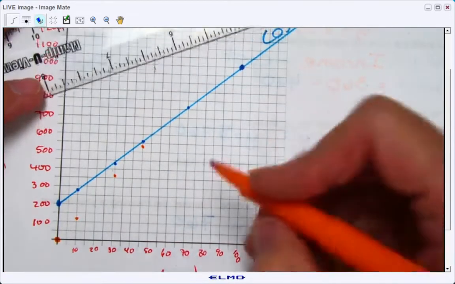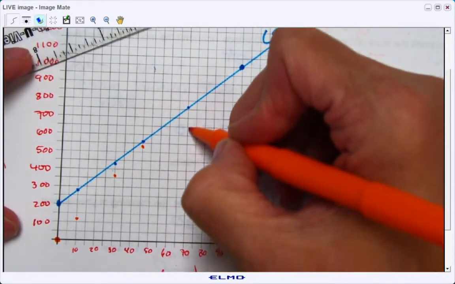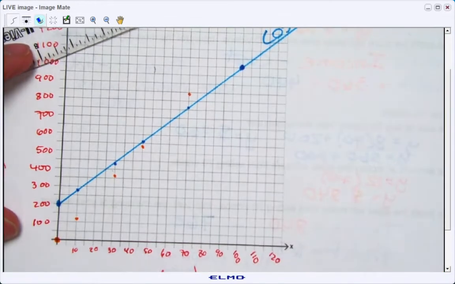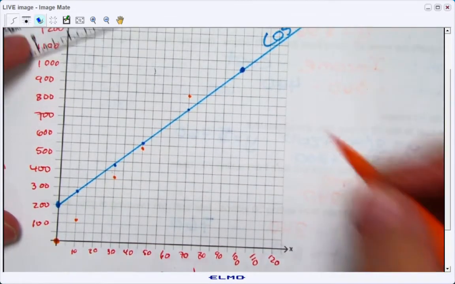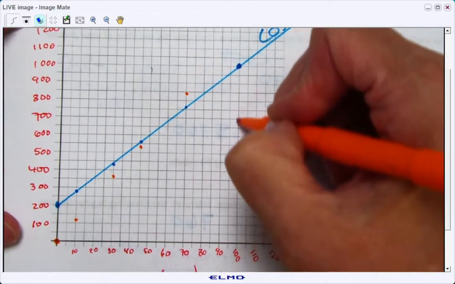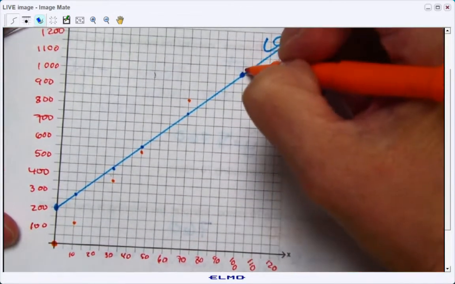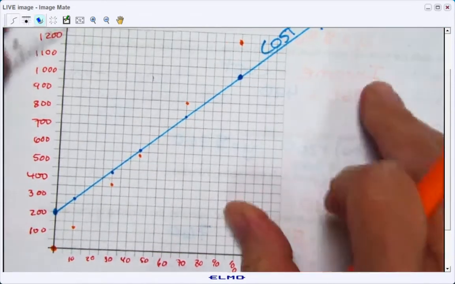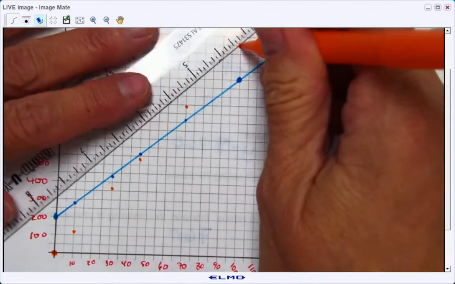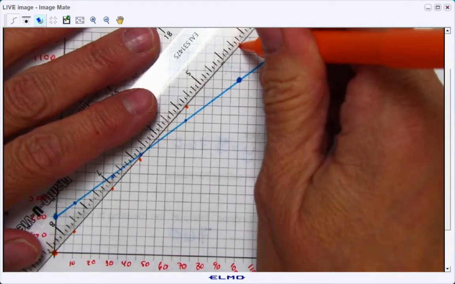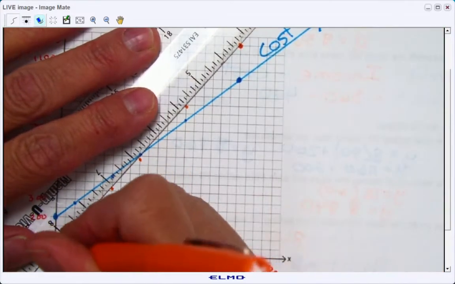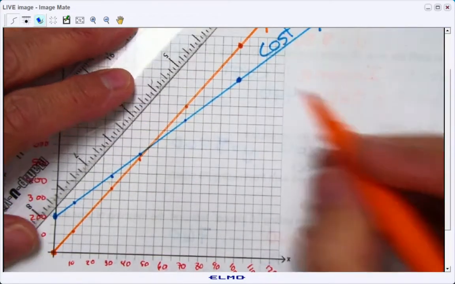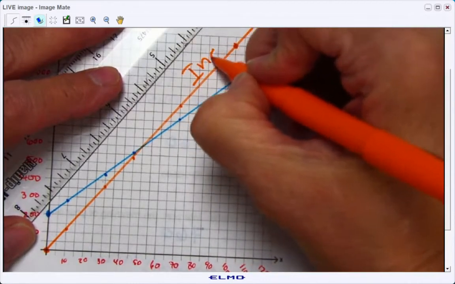At 70, we have 840. Ooh, we passed over. And then at 100, we have 1200. 1200 is right here. So I'm going to use this. And there we go. And this is our income.